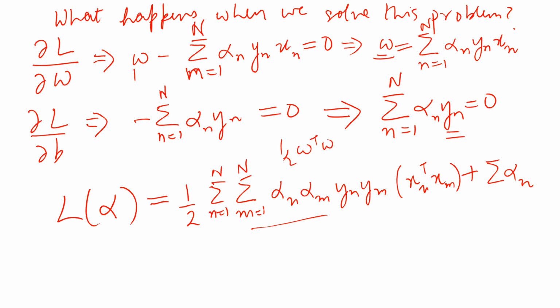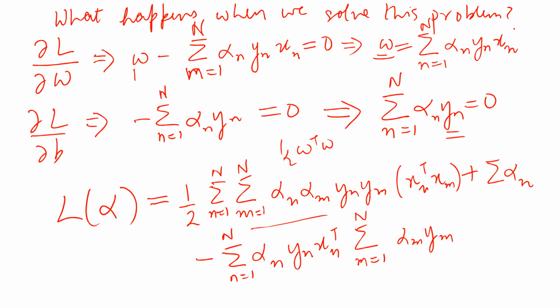And then the next half minus the summation n from 1 up to N, alpha n, yn, xn transpose, and the same thing for the other point, which is m equals 1 up to N, alpha m, ym, xm. All right. So if we are looking at this term and this term, they are pretty much the same.